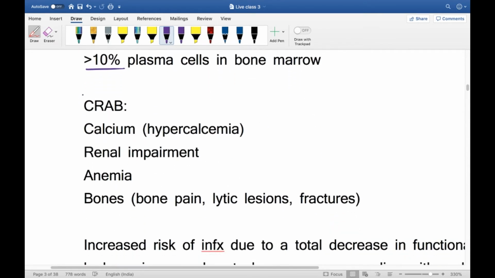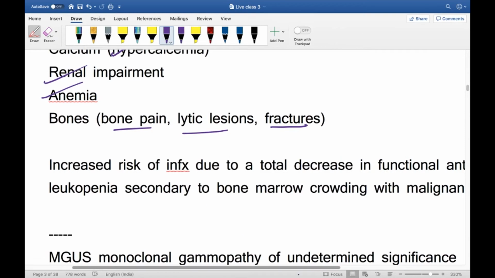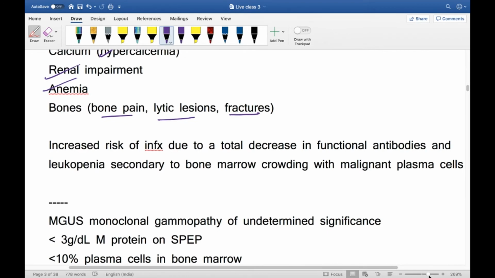Absolutely. So what is CRAB in multiple myeloma? Hypercalcemia, renal impairment, anemia, bone pain, lytic lesions, fractures. Classical of multiple myeloma. Then in multiple myeloma, there is an increased risk of infections.